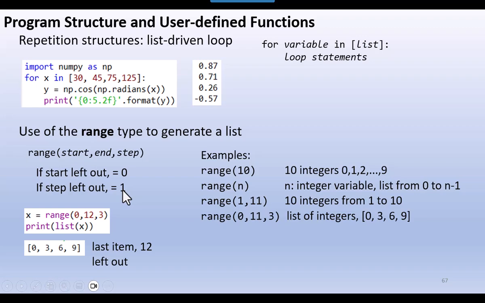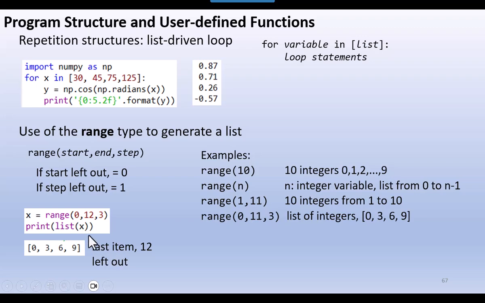It shows an example here of what happens if you actually assign the range type result to a value x and then print that value in the form of a list. You don't often do this, but it's sort of to reveal what happens.